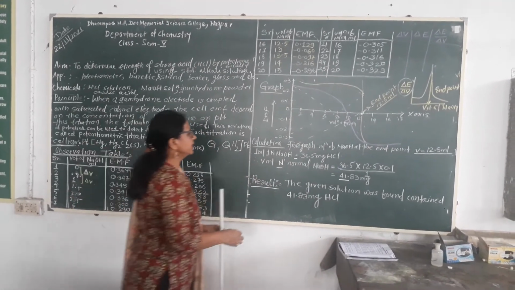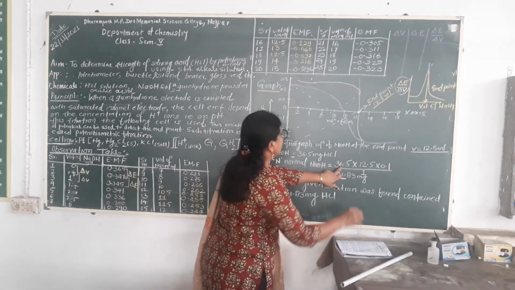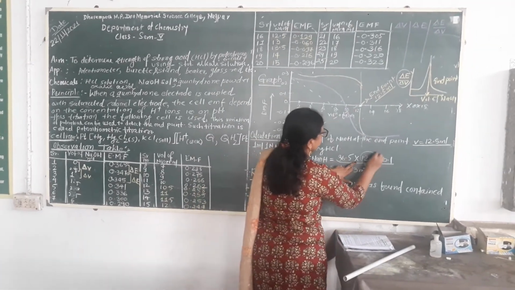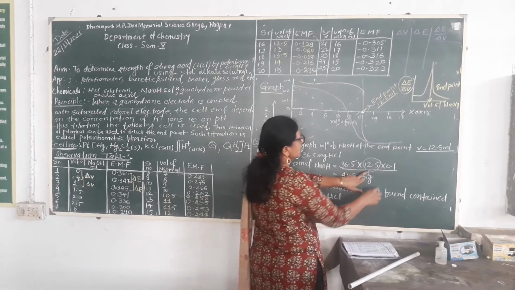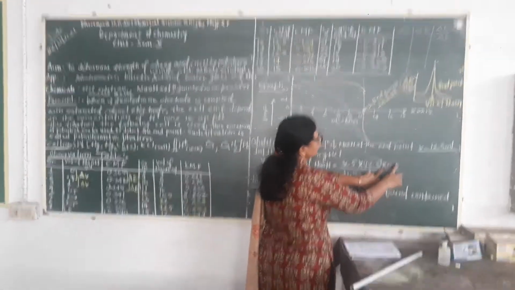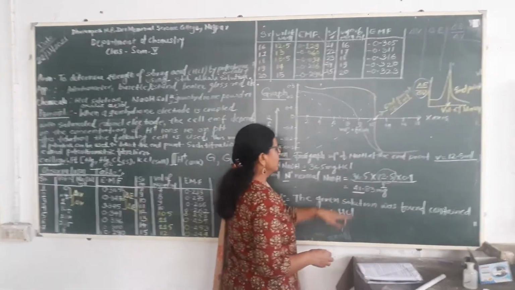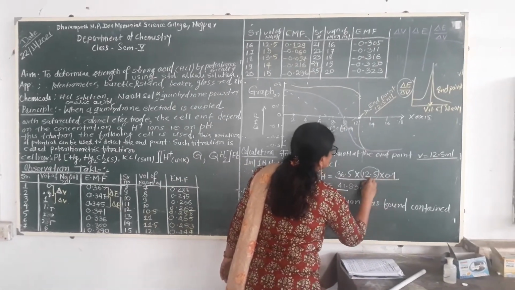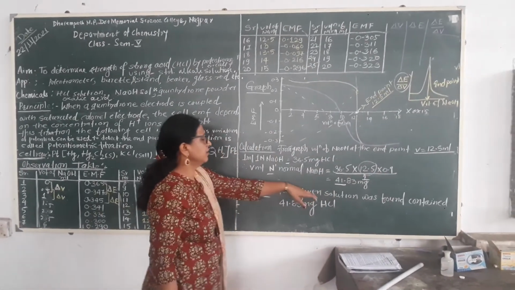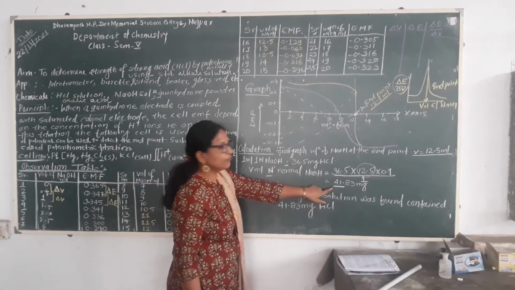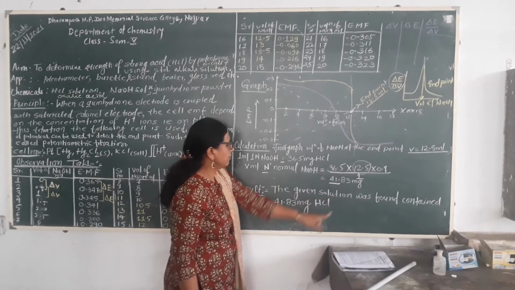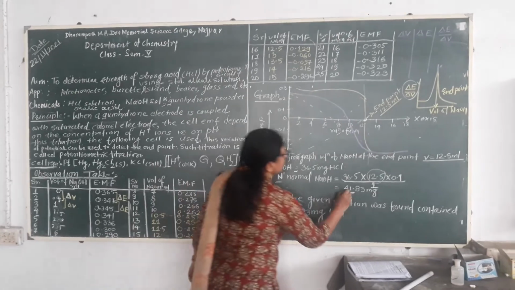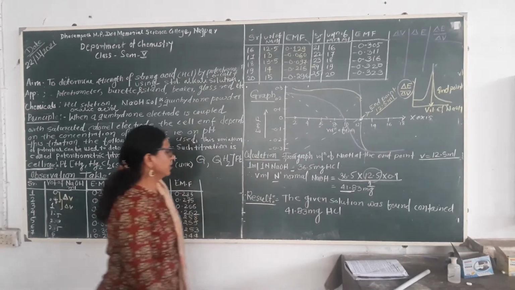Now put the values here: 36.5 into V, which is the endpoint of the titration, multiplied by 0.1, the normality of NaOH, divided by 1. Here we get, from the calculation, 41.83 milligram of HCl content in the solution.